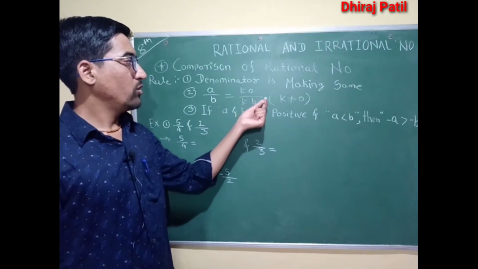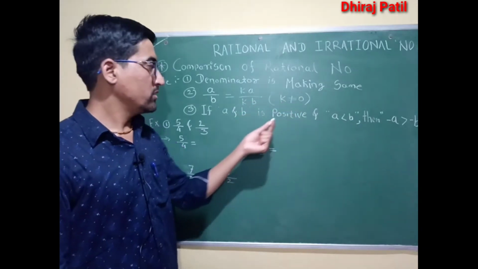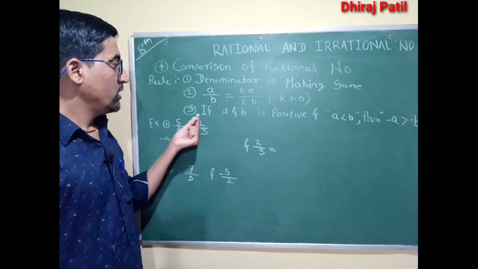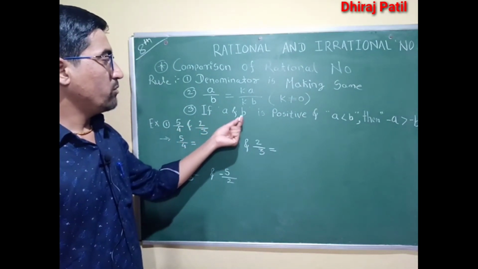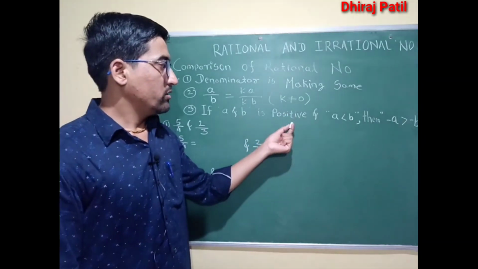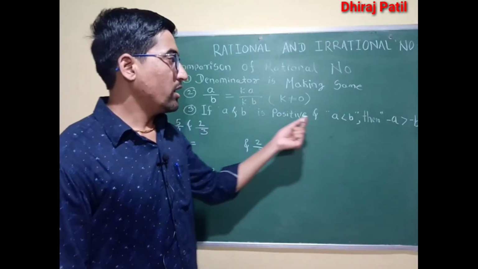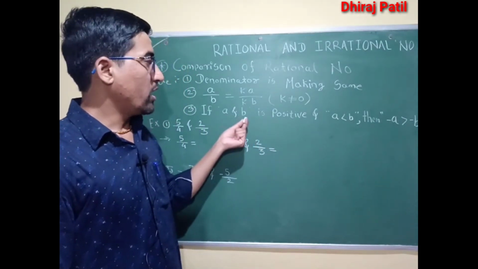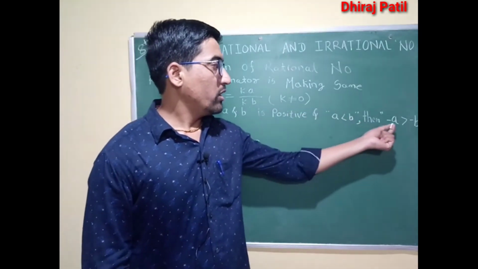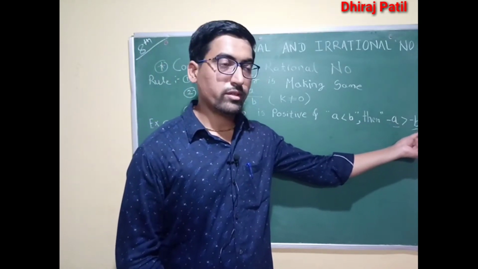For this, notice that k is a non-zero number. Third one: if a and b are two positive numbers and a is less than b, then for negatives, minus a is always greater than minus b.